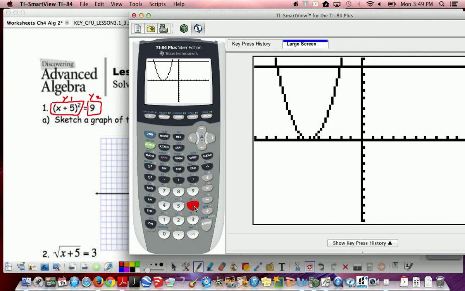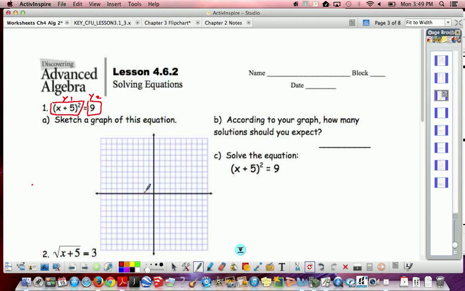If you take a look at what has happened, this has gone to the left 1, 2, 3, 4, 5. It looks like the bottom of my parabola is at -5. Now if we remember with parabolas graphing, we have this 1, 3, 5 pattern.